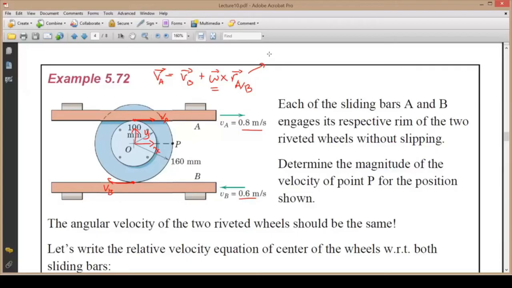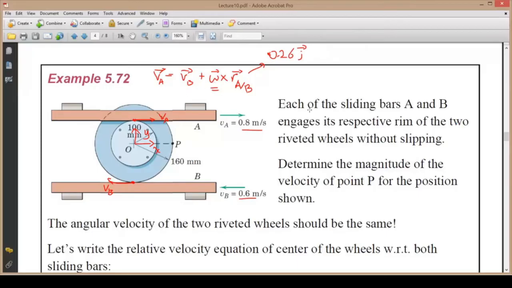Let me write it out in meters, 0.26. Let's decide on the direction. It will be in the y direction, and this is the location of A with respect to B. So from B to A, that is a positive j direction. So from here, I can directly solve for omega.